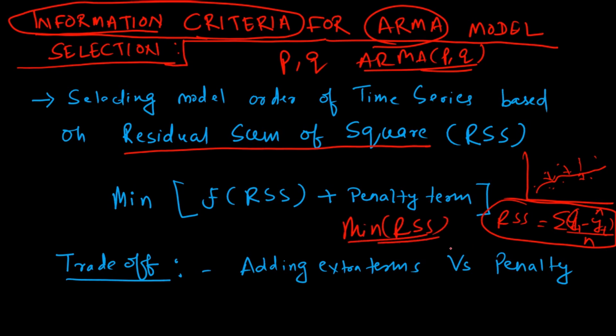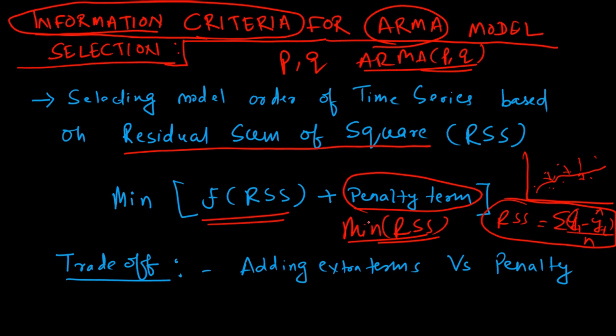That's what ordinary least squares does too, minimizing the residual sum of square. The idea is similar, except that we also add a penalty term to it. So the optimal model is the minimum of some function of the residual sum of square plus a penalty term, and there are several information criteria metrics available.